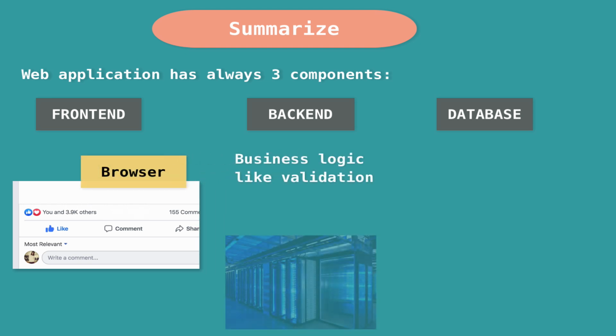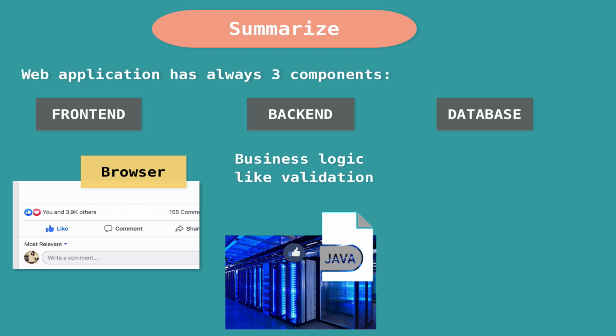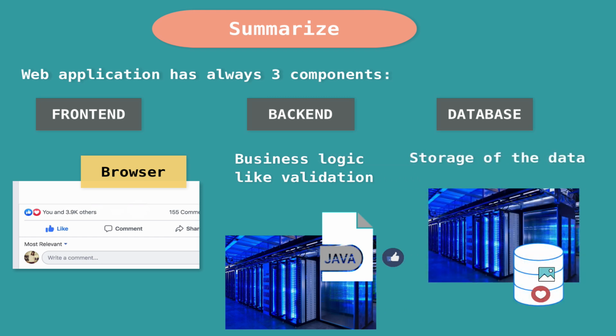Backend is the code that waits for new messages from the front-end about the changes you make, like new uploads, new messages, likes, and handles them. And the database is where all these changes are stored for future usage, like when you come back the next day to use the application or when your friend opens the application.